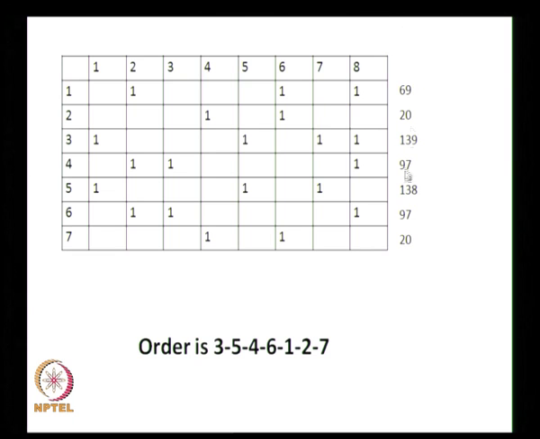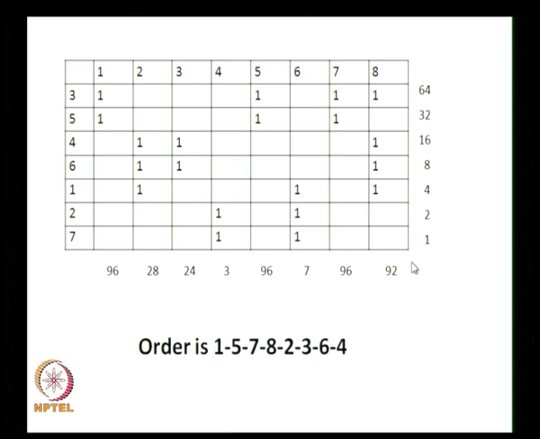So, the order will be 3 comes first followed by 5. So, 3, 5, 4, 6, 1, 2 and 7. That is the order in which the rows are arranged.